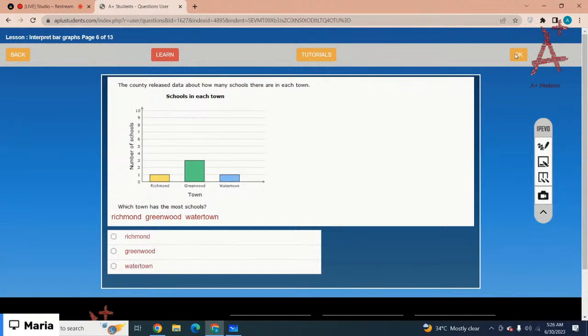You have to look for the one that has the most schools. You can see here Greenwood has the largest line. Just match it to the y-axis. That means Greenwood has the most schools.